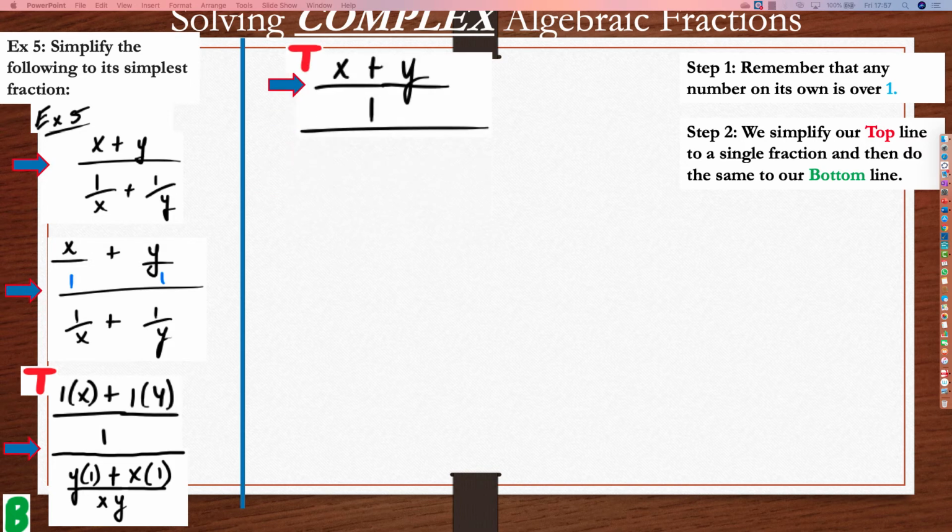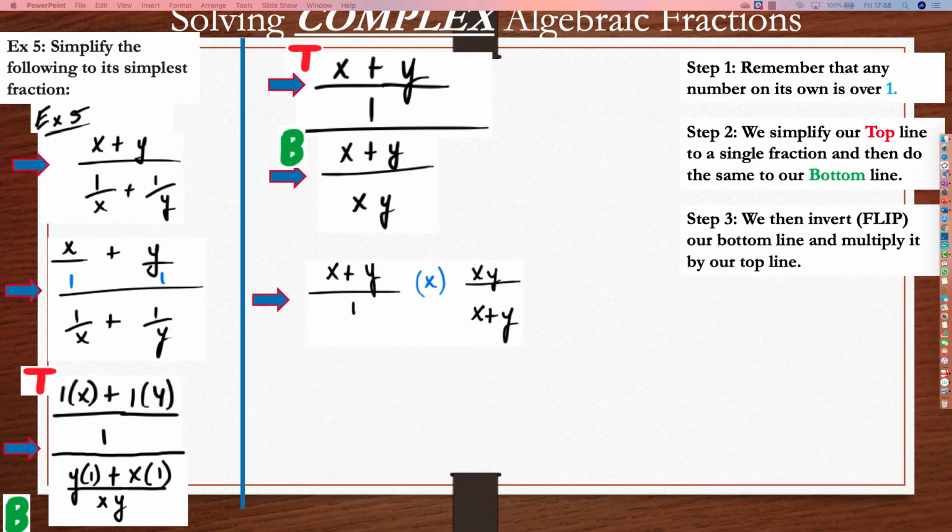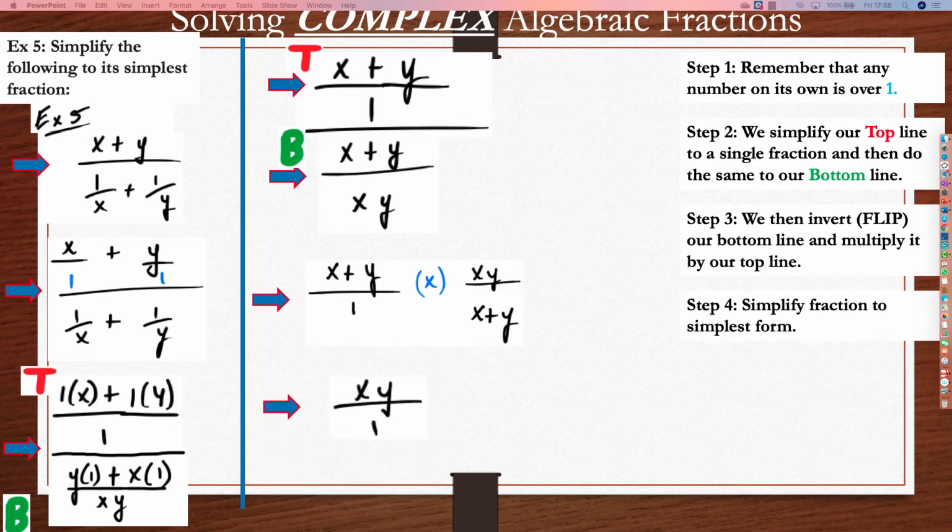That is x plus y over 1 over y plus x over xy. How do I divide two fractions? Flip the bottom and multiply. x plus y over 1 multiplied by xy over x plus y. What happens? And you're left with xy over 1.